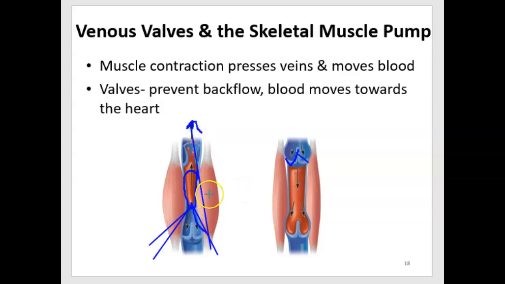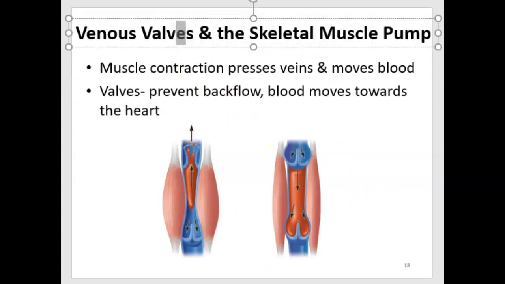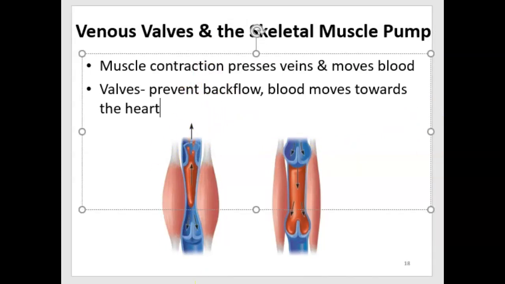Just because it's being pushed doesn't necessarily mean it's going to go forward, but because the valves are present, anything that does go superior or upward isn't going to go backwards. And in addition, the skeletal muscles, as we move, push against our veins and likewise press on the blood and make it move superiorly as well. So they work in concert, those two.